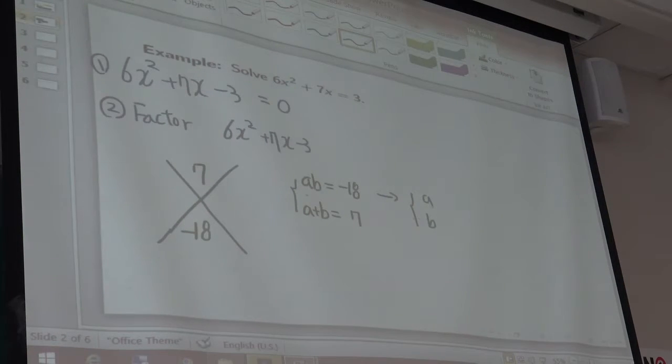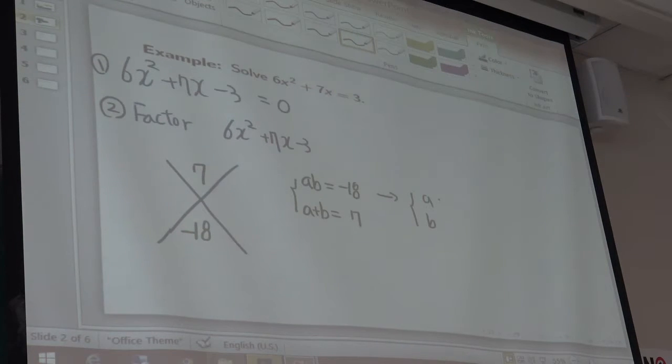AB. Well, it is possible that it's 1 and 18. If we have 1 and 18, either plus or negative, we cannot get 7 as a sum, right? So instead of 1 and 18, what are the other factors of 18? 9 and 2.